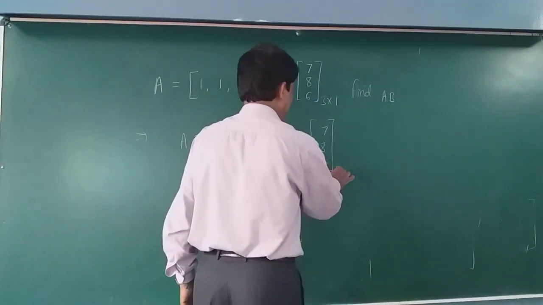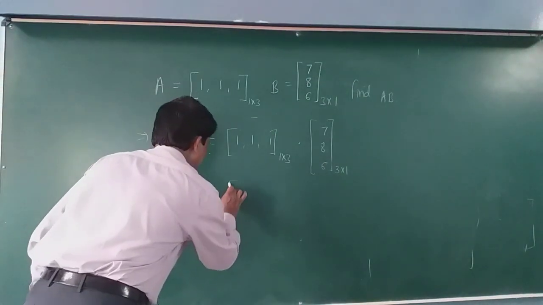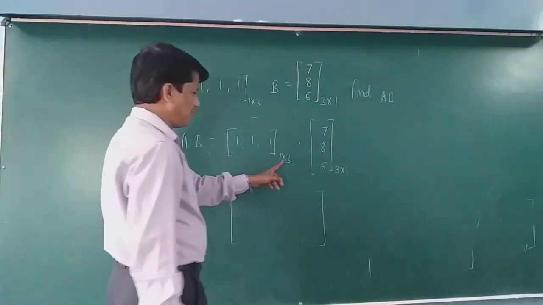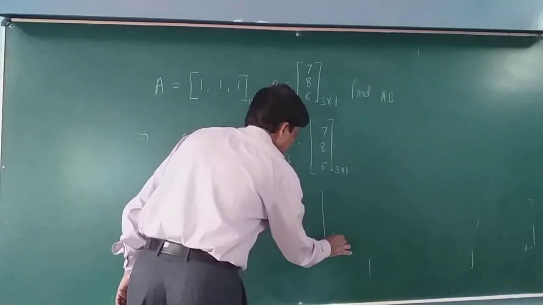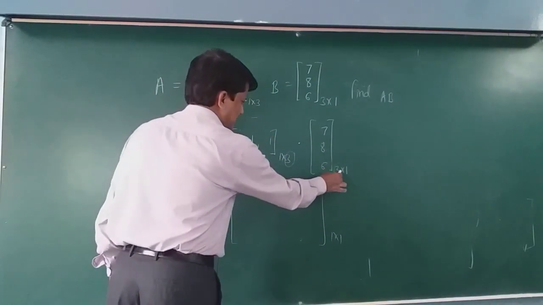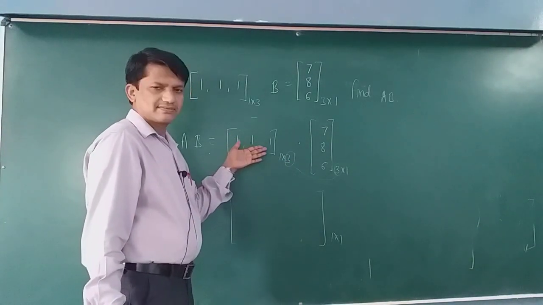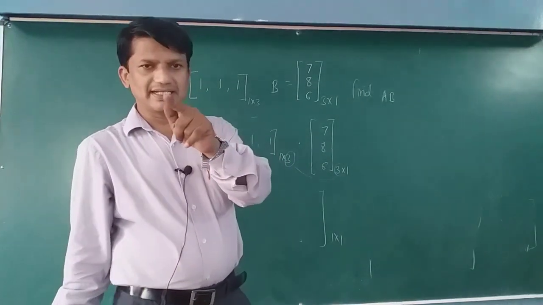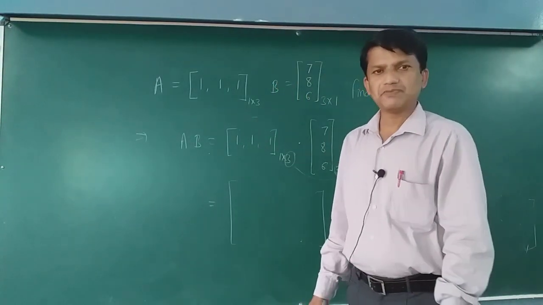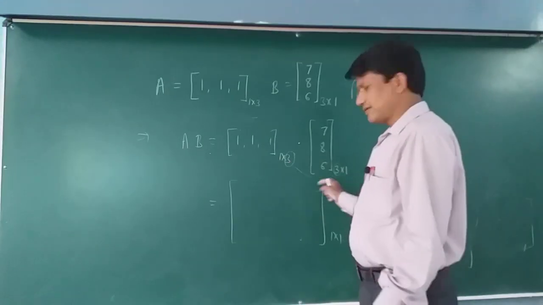So the order is 3 by 1. So what will be the result of this matrix? The result will be of order 1 by 1. Look here, this 3 and this 3 are one and the same. The number of columns in the first matrix equals the number of rows in the other matrix. The product is possible and the result will be of order 1 by 1.